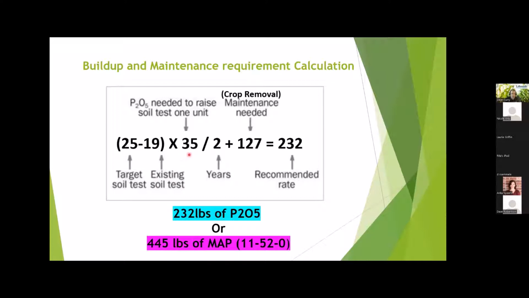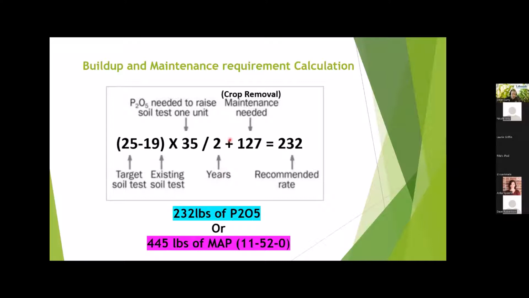And we know it takes about 35 pounds of P2O5 to move that needle by 1 ppm. And we're going to amortize this over 2 years. So we're going to spread again before the next corn crop. So it's really 4 years because it's corn, beans, then corn, beans, and we're only spreading every 2 years. It makes it a bit confusing, but the math does work.